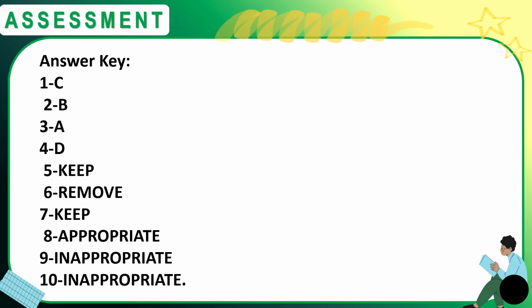So these are the answer key from the activity sheet. Number 1 is C, number 2 is B, number 3 is A, 4 is D, 5 should be keep, 6 is to be removed, 7 is keep, 8 is appropriate, and then 9 and 10 are inappropriate.